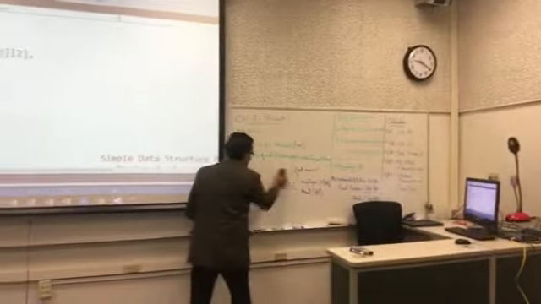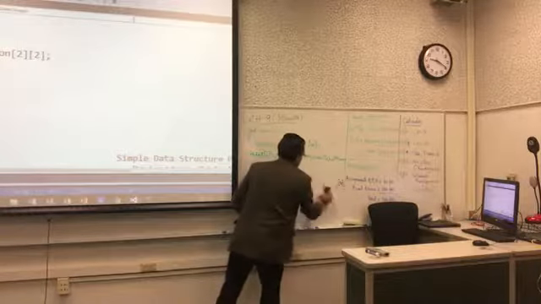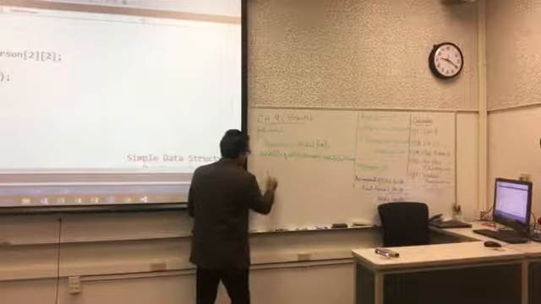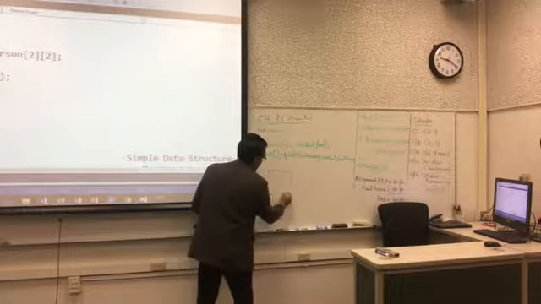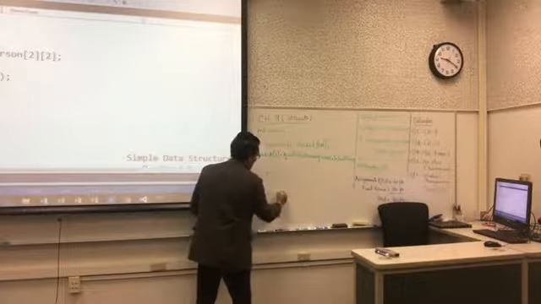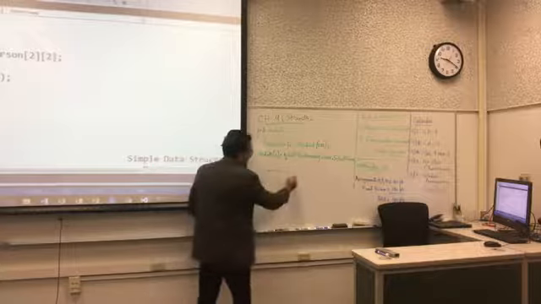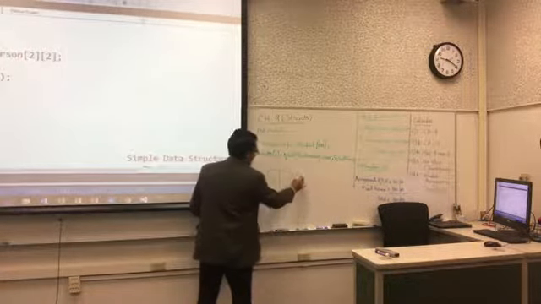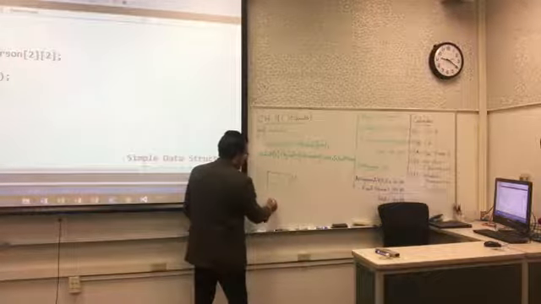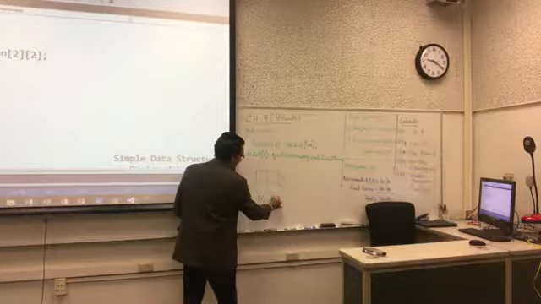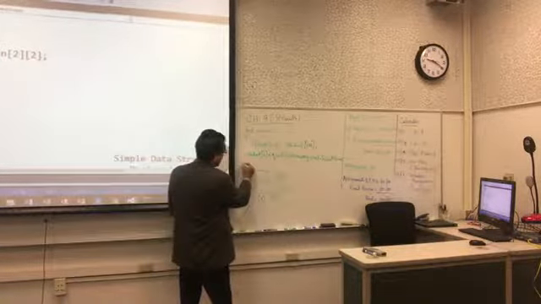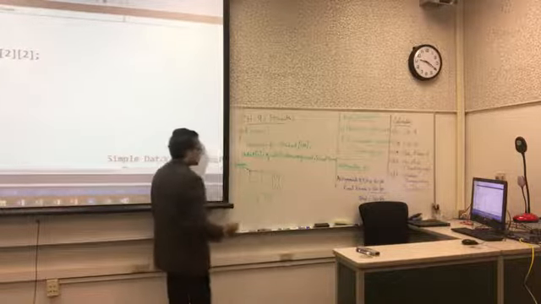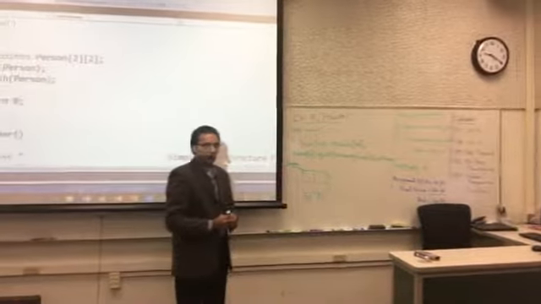So when I create this person of this person info type, this is what a person looks like. It's 2 by 2, 2 rows and 2 columns. This is row 0 and row number 1, the first element, the second element. This is column 0, column number 1. And this person is pointing over here to the first element, to the first location.